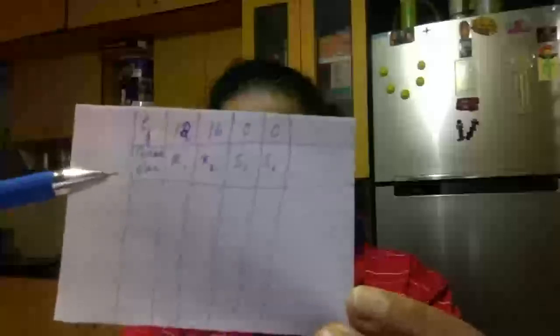What I did is, I'll explain. I told you to leave place for 2 columns. Imagine Cj here is the third column, and next row Cj is the first row as well. The second row is called basic variable.